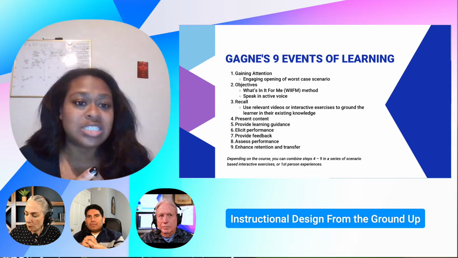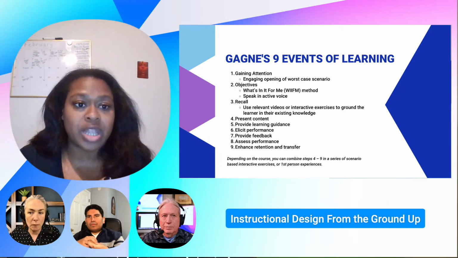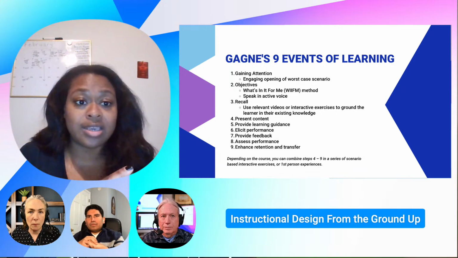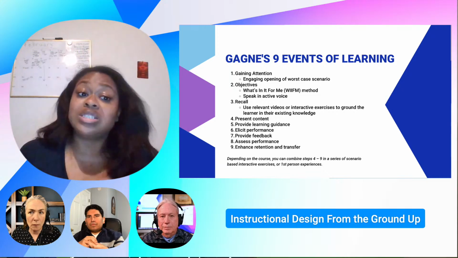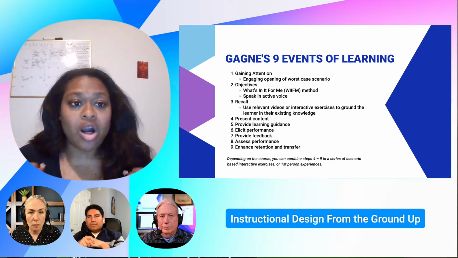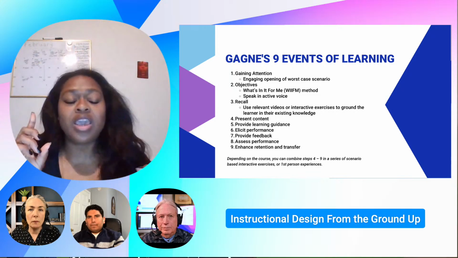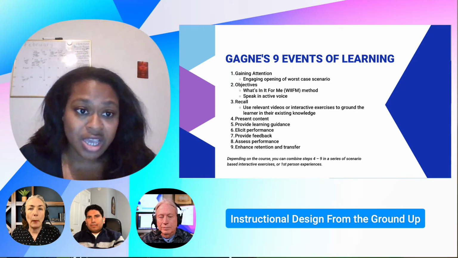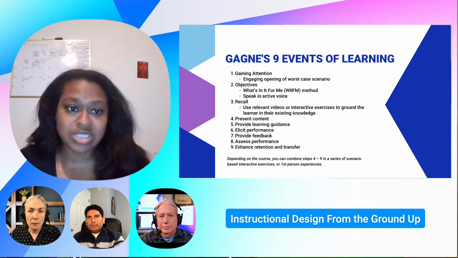If it's something related to technology, think through what are some general examples that will apply directly to my audience in terms of how they use this technology or a similar technology. Having that recall will be really valuable as you're creating the interactivity, the knowledge checks, and the various content that you're presenting.